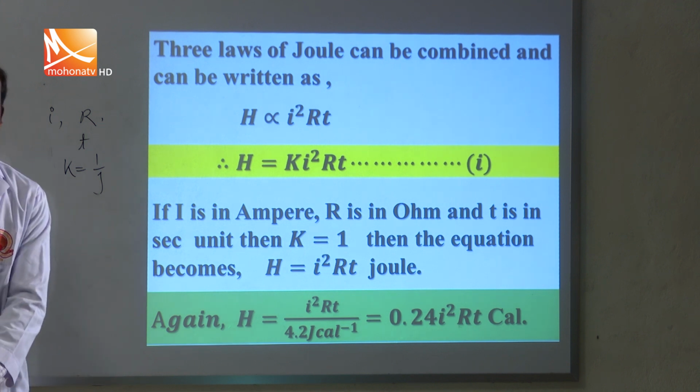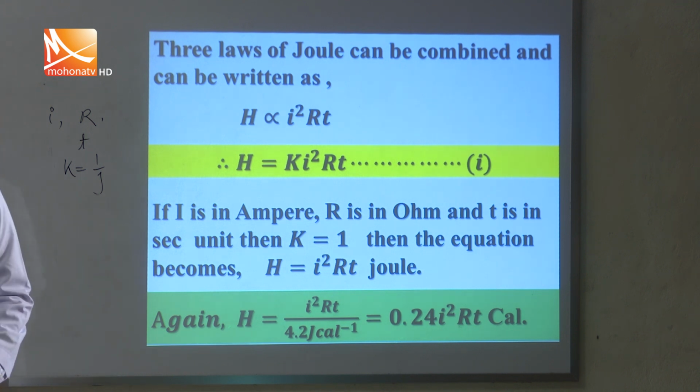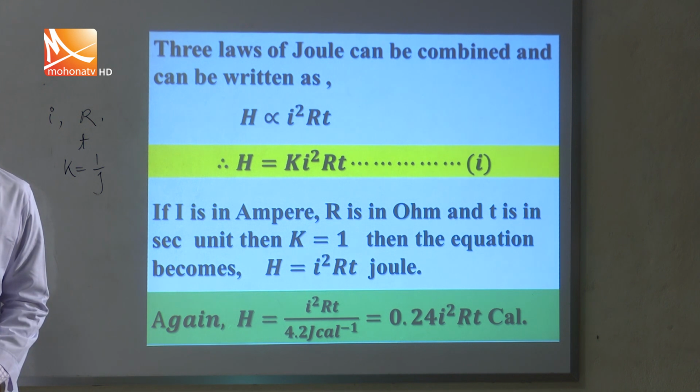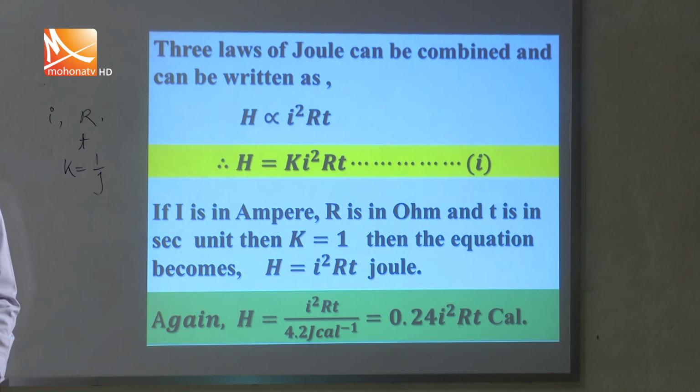So, my dear students, in today's lecture we have learned about the dependency of resistances, and then we have learned what the produced heat is if a current flows through a conductor. You know that the heat produced basically depends on the amount of flowing current, the resistance of the conductor, and how long current flows through the conductor.